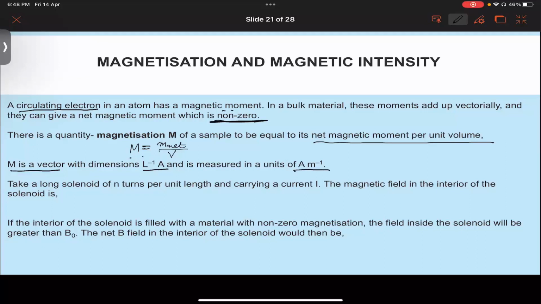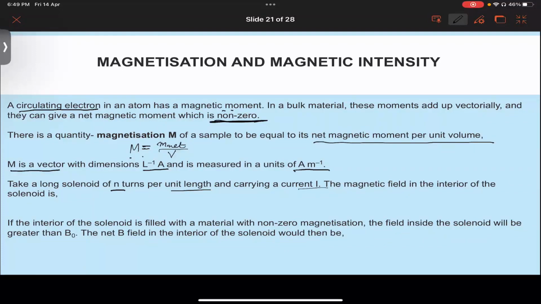Now to understand how a magnetic field can be associated with this magnetization, we will consider a long solenoid of n turns per unit length, carrying a current I. We will try to find the magnetic field existing inside the solenoid.